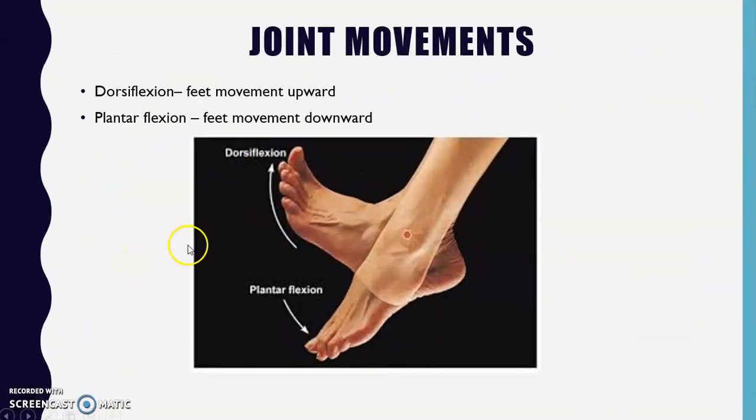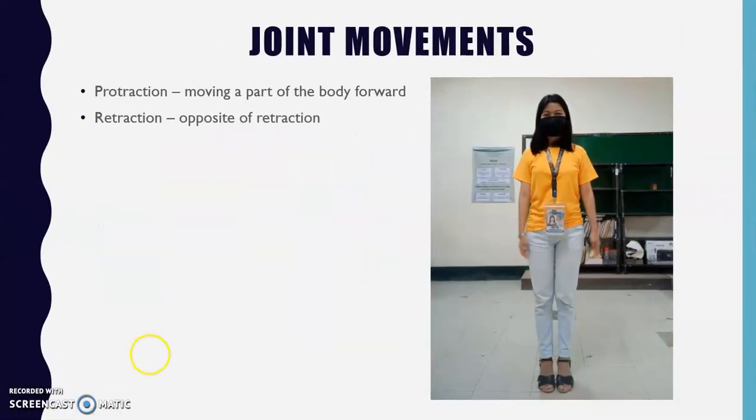Next, we have another joint movement, which is dorsiflexion and plantar flexion. In dorsiflexion, it is the feet movement upward. Ayan, that is dorsiflexion. And plantar flexion, feet movement downward. Next, protraction and retraction. In protraction, it's moving a part of the body forward.